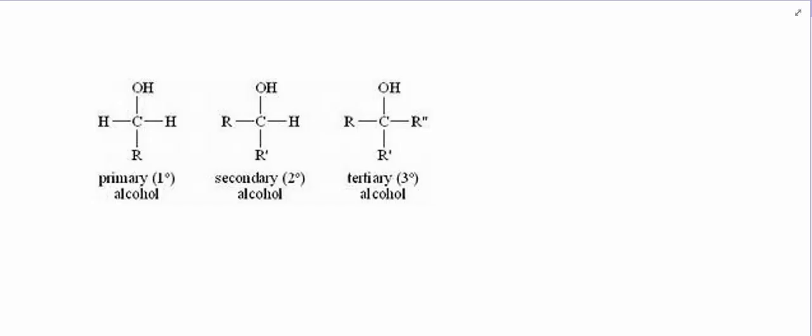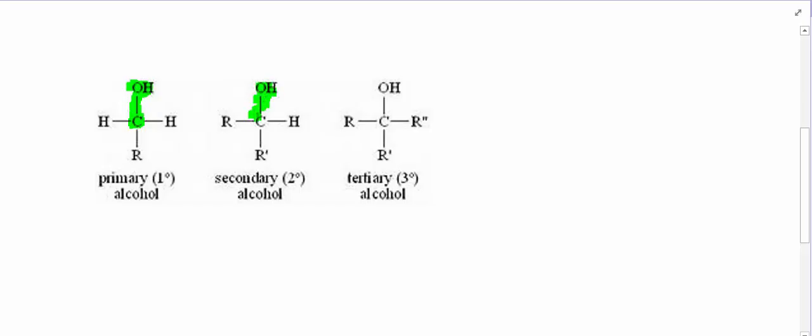Besides naming an alcohol or drawing the structure, you also need to be able to classify a particular alcohol as being primary, secondary, or tertiary. So within the structure, you will need to identify the hydroxyl group. Within a structure, you may have more than one hydroxyl group, and each hydroxyl may have a different classification.